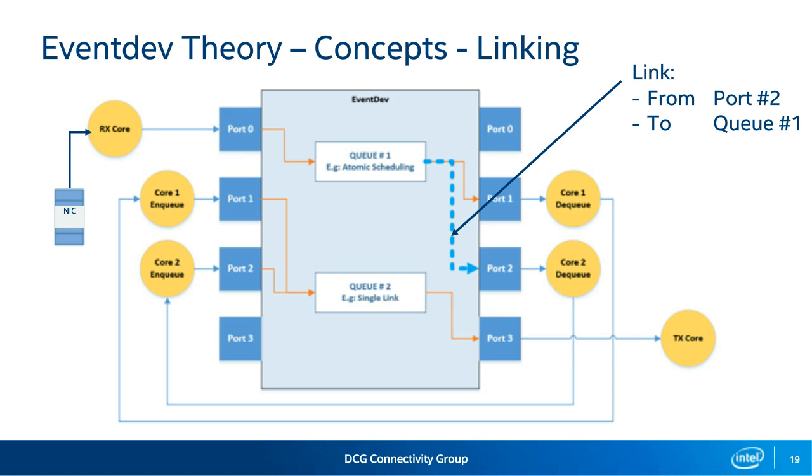Dynamically, you can add a new link so that now this is getting load balanced across two ports. Depending upon what your application load is at any given time, you have a huge number of logical ports available. You can keep adding and deleting links to load balance dynamically.